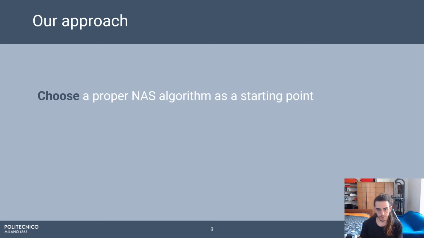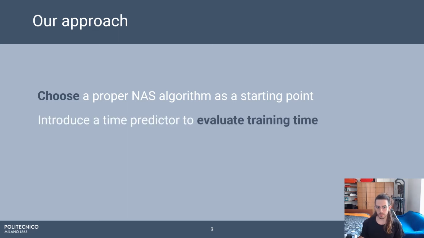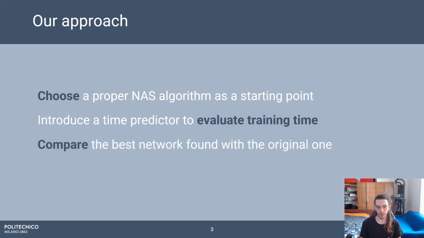Basically, we choose a proper neural architecture search algorithm as a starting point, and then we introduce a time predictor to evaluate the training time of the generated architectures. And finally, we compare the best results from this approach to the results obtained with the original algorithm.